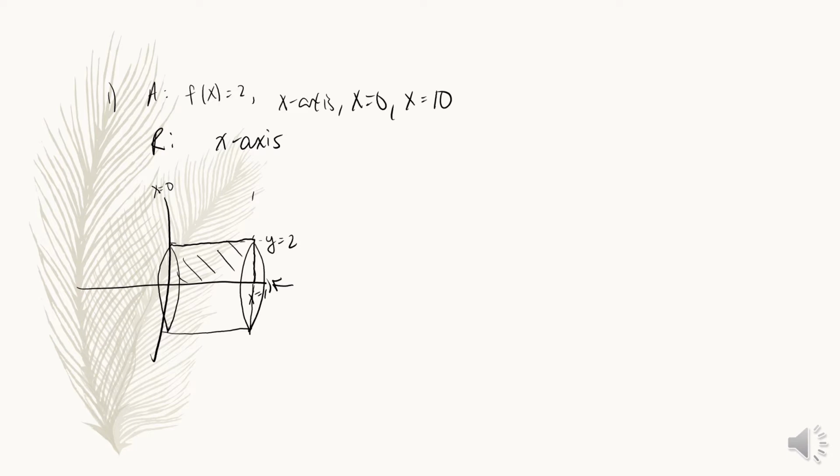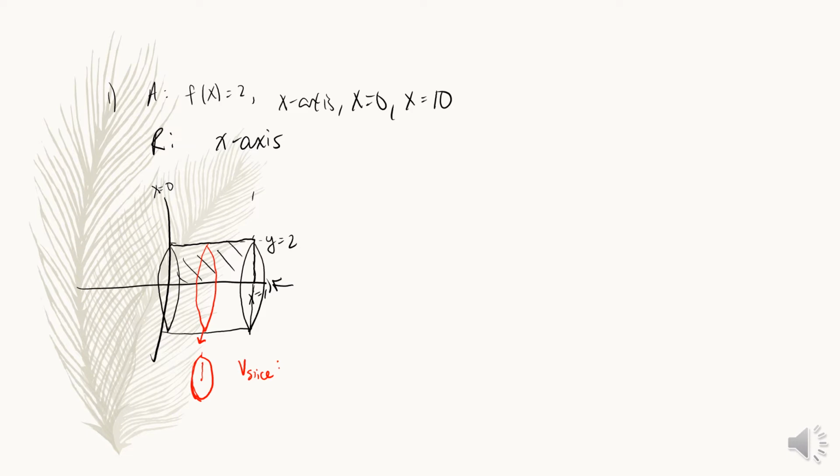And the way we're going to figure out the volume is we're going to take a slice out of this. So take a slice out of this can and imagine pulling it out. We're going to figure out the volume of the slice, then use an integral to add up all the volumes. So this slice looks like a circle with just a little bit of depth, right?